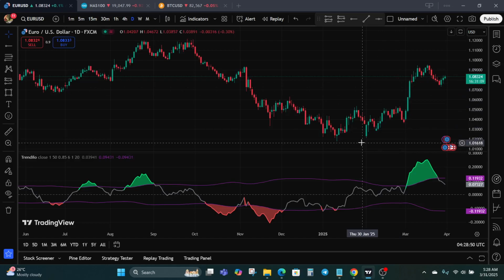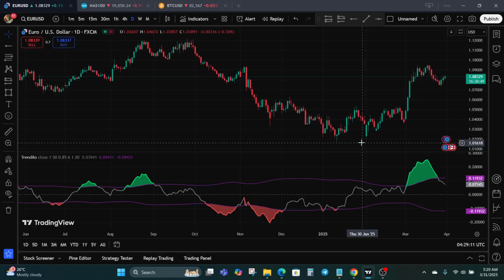It's quite a powerful TradingView indicator that improves RSI analysis and helps traders filter out false signals. So stick around because this could completely change the way you use the RSI.